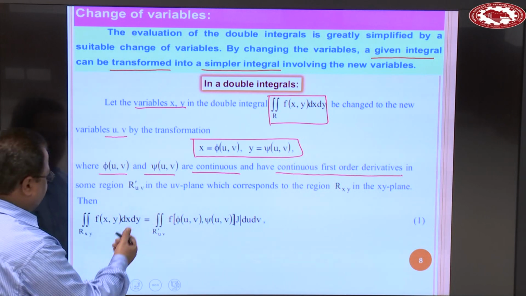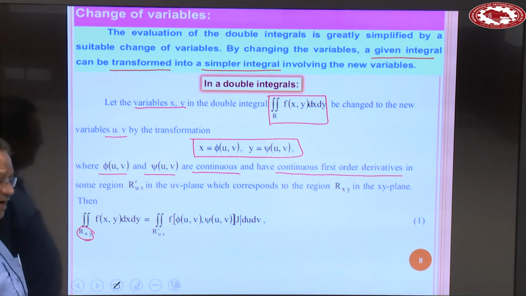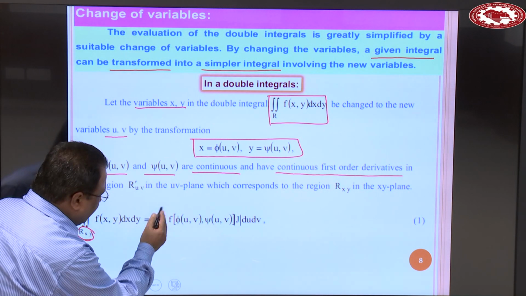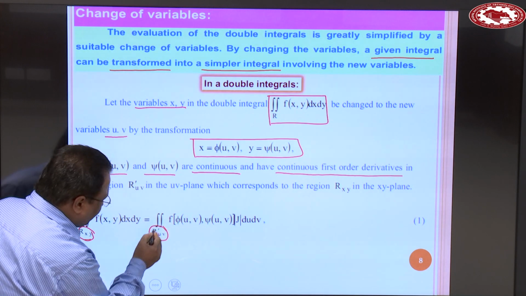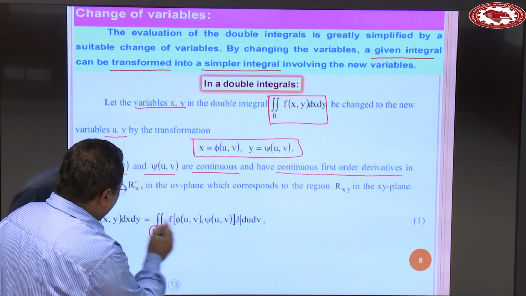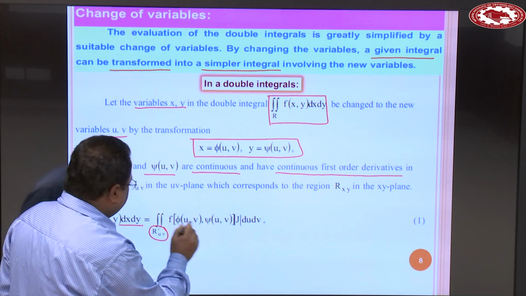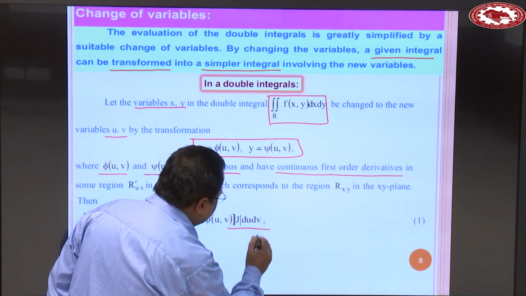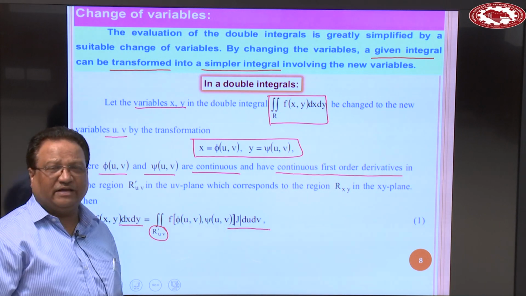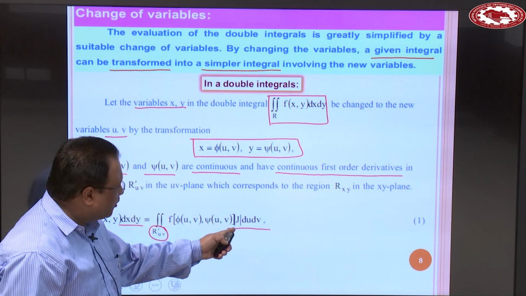So in that case, this double integral over the region R of f(x,y) dx dy is transformed into a double integral over R dash of f(phi(u,v), psi(u,v)), and we need here dx dy as Jacobian times du dv. So here we introduce the concept of Jacobian, which we have already discussed in partial differentiation. Okay, so the magnitude of Jacobian times du dv.